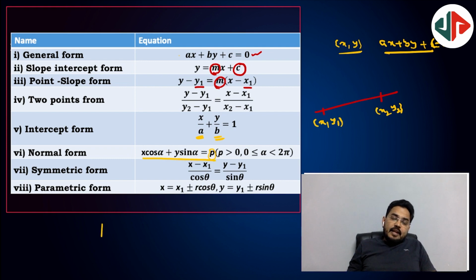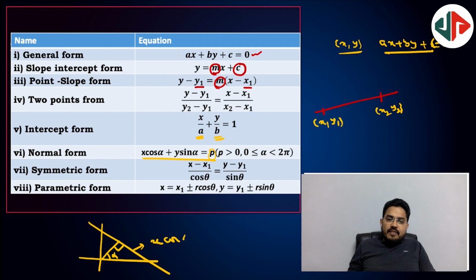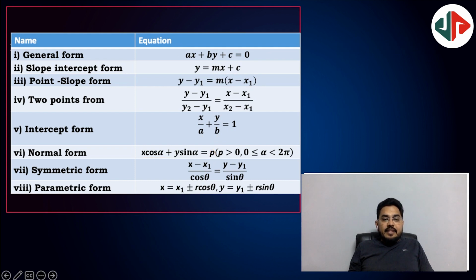If these are the coordinate axes and this is the line which is P units away from the origin, and this angle is alpha, then the equation is x cos alpha plus y sin alpha is equal to P. This is the significance of this particular line. So just have a look at all the forms of lines.